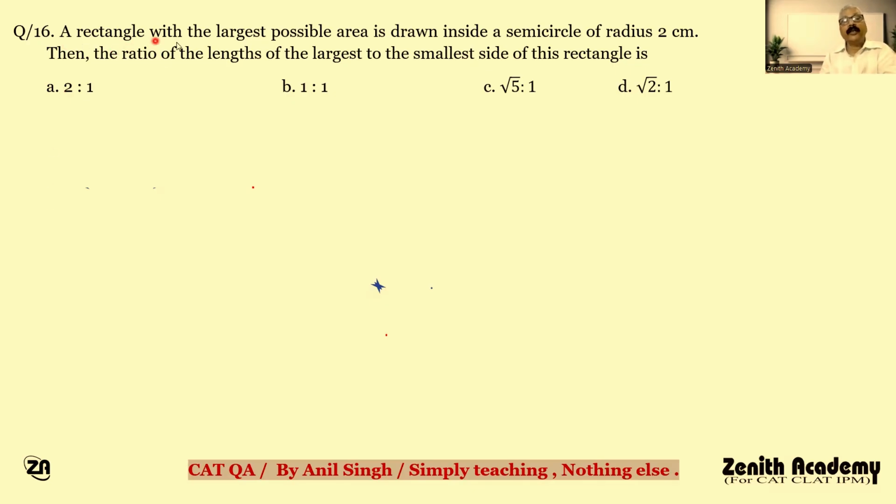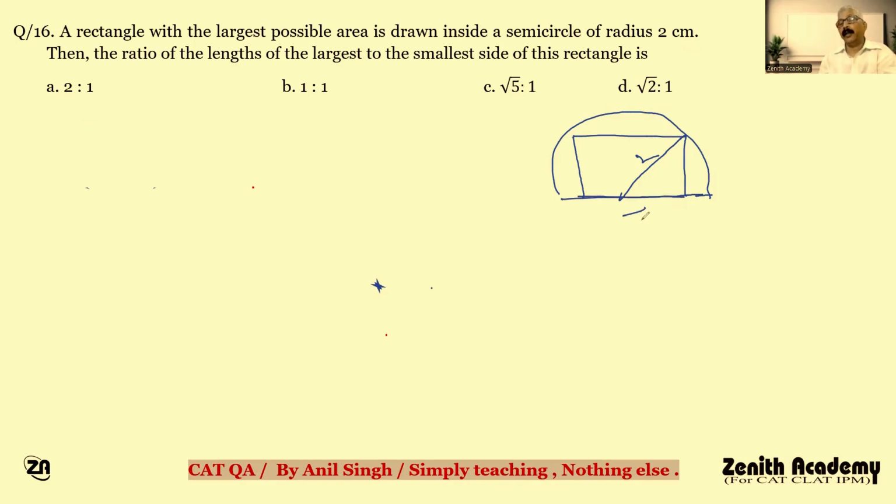In this question, a rectangle with the largest possible area is drawn inside a semicircle of radius 2 centimeter. Then the ratio of the length of the largest to the smallest side of this rectangle is asked. This is a supposed semicircle, and in this semicircle, draw a rectangle inside, and the radius is given as 2 centimeter.